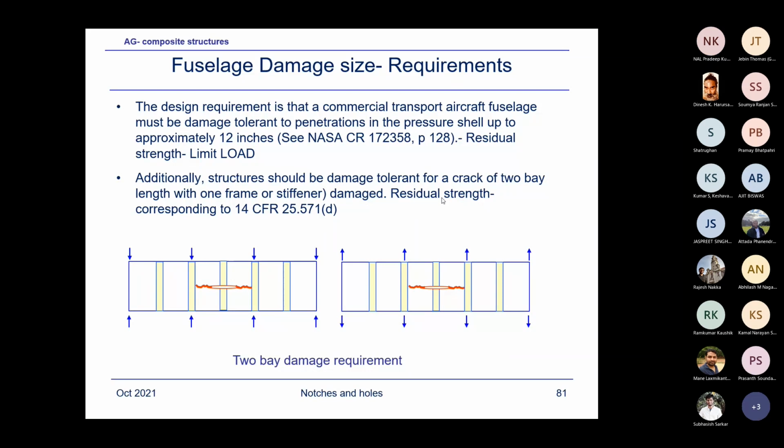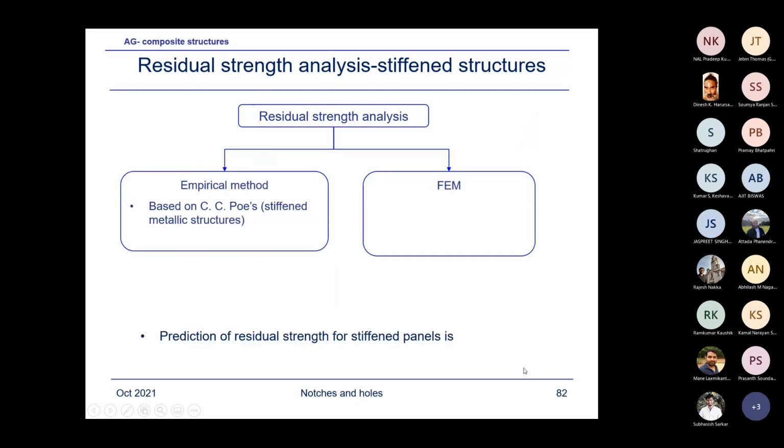Now, in order to determine the residual strength, I'm just trying to show some method. Residual strength analysis, an empirical method based on C.C. Poe for stiffened metallic structures, which again I will repeat, is not very reliable. It's just to illustrate and give you some feel. The reliable ones are FEM methods.